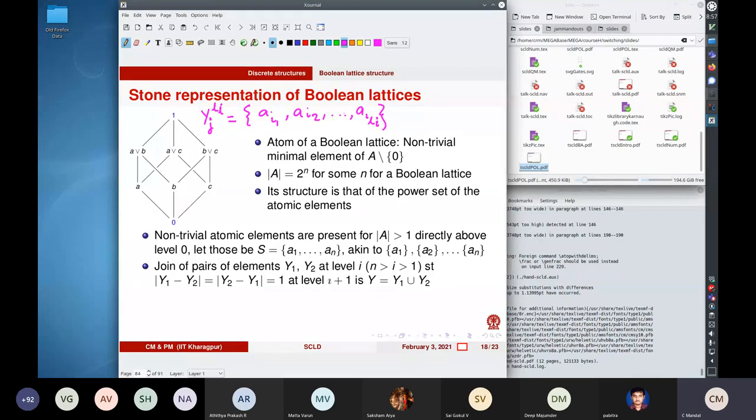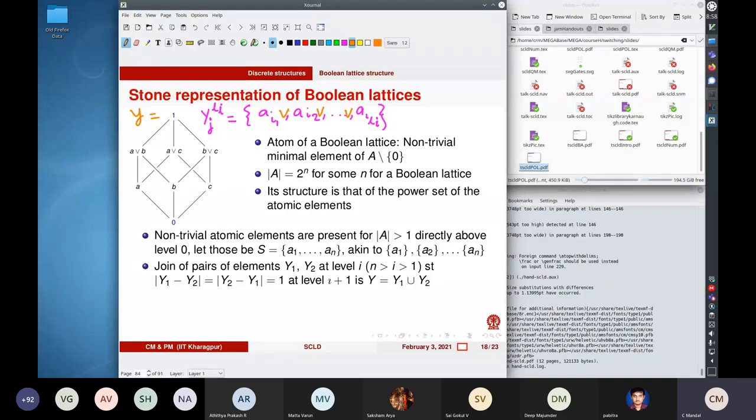And it is really, so the particular element yi, this particular element y is simply the join of all these elements.